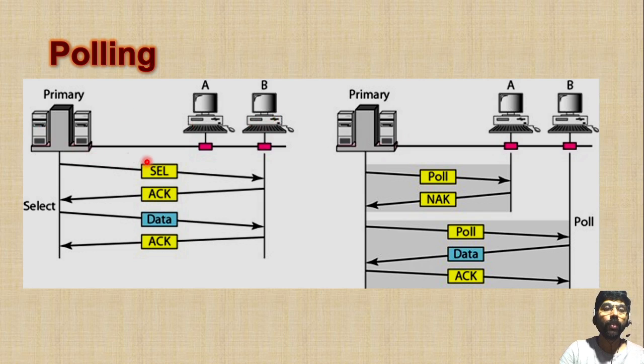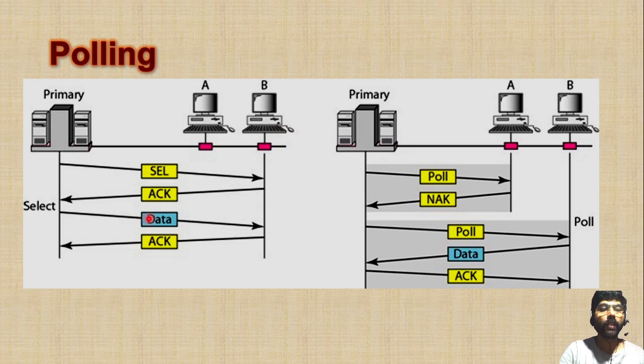So first it will send one frame called a select frame to the destination station. If the destination station is ready for receiving, it sends one acknowledgement to the primary station. Primary station understands that the secondary station, that is the receiver, is ready for receiving.